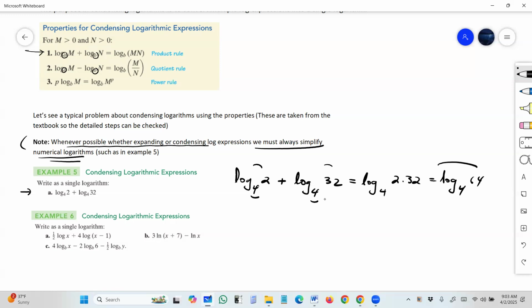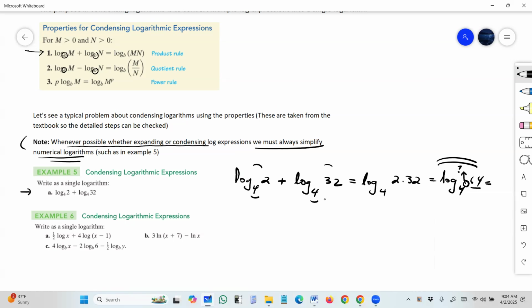And now at this point, I ask myself, is it possible to simplify this numerical expression? Well, let's see. To evaluate this log, I need to find an exponent such that 4 raised to that exponent is 64.